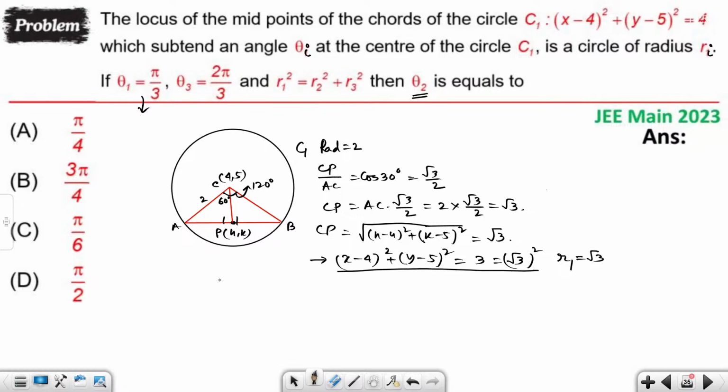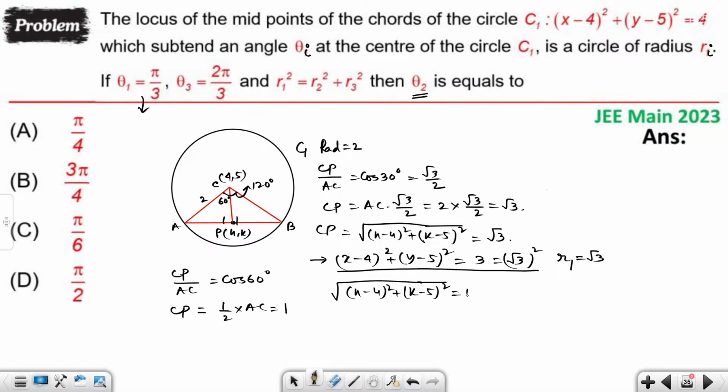So what will be the locus? The locus will be exactly the same thing, root over (h minus 4) whole square plus (k minus 5) whole square. But in this case, what will be your CP? Think about it. What is CP? CP by AC is basically cos 60 degree. So what is CP now? In this case, your CP is half into AC. AC is the radius of the given circle, which is 2 in this case. Therefore, your CP is nothing but 1.